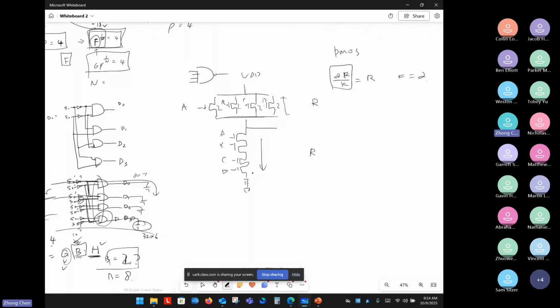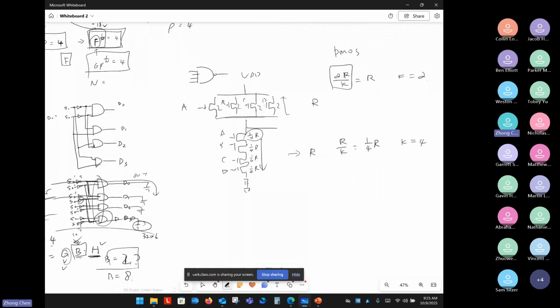So each NMOS will have a resistance of 1 over 4R, because they are in series. When you add them together, the total effective resistance will be equal to R. For NMOS, the calculation is R over K is equal to 1 over 4R, so K is equal to 4.